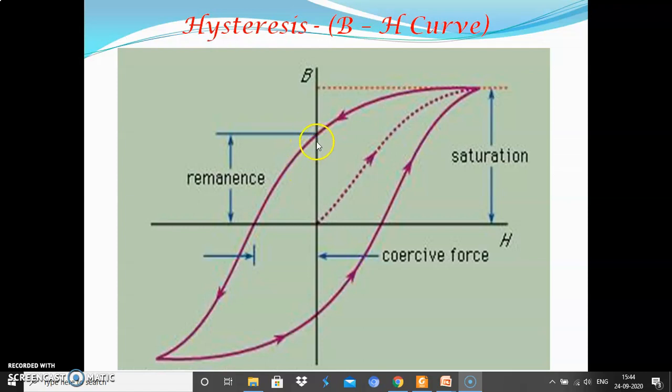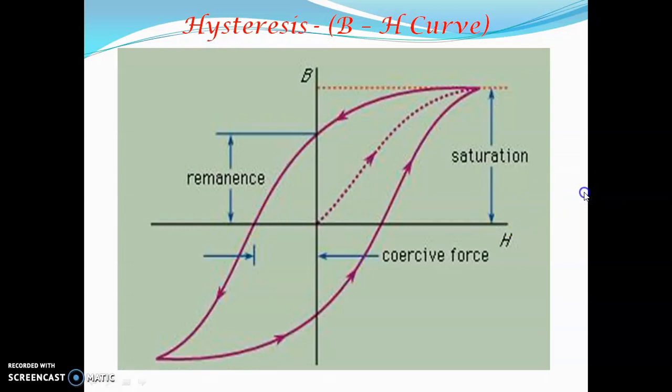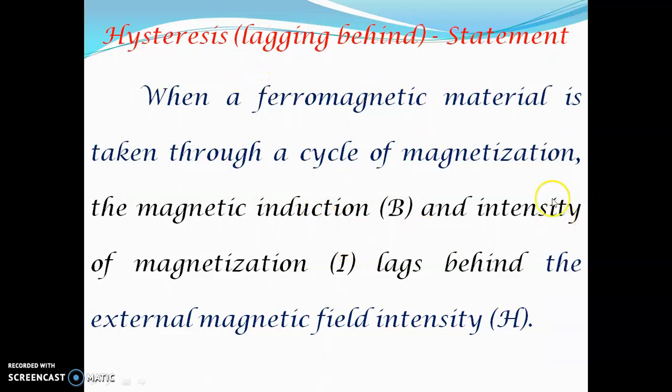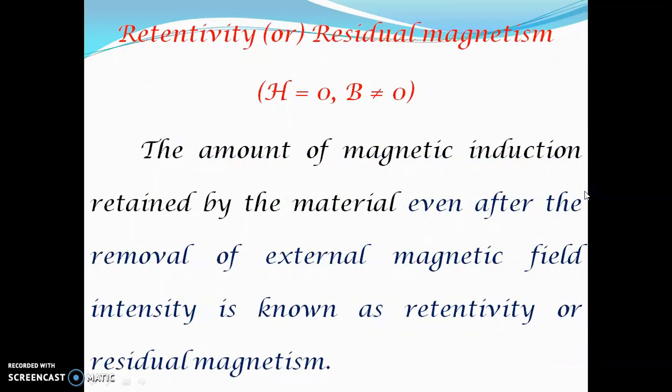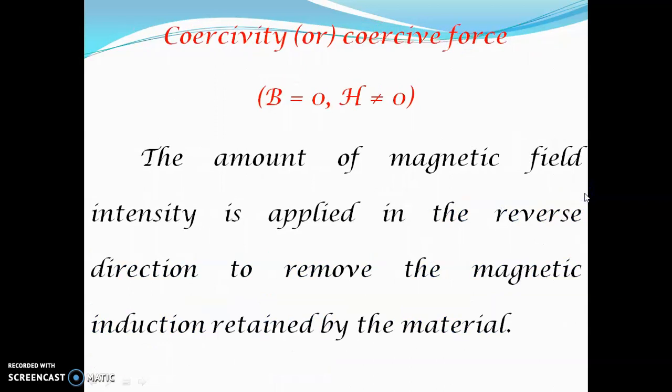To reduce the retentivity from MR or B0 to 0, we need to apply some reverse magnetic field. That reverse magnetic field is called coercivity. So we discussed these things in these slides: what hysteresis is, what retentivity is, and what coercivity is. This is the hysteresis behavior of ferromagnetic material.